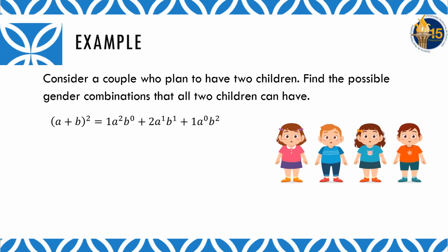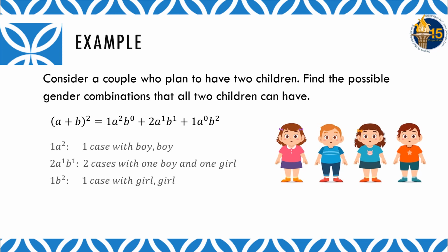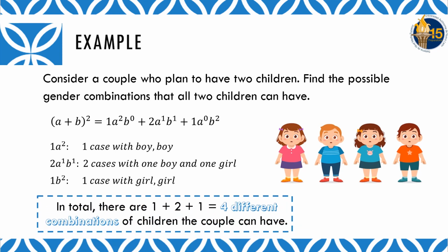Observe that each term of the binomial theorem expansion represents each of the possibilities. 1a squared, one case with boy, boy. 2ab, two cases with one boy and one girl. 1b squared, one case with girl, girl. In total, we have 1 plus 2 plus 1 equals 4 different combinations of children the couple can have.